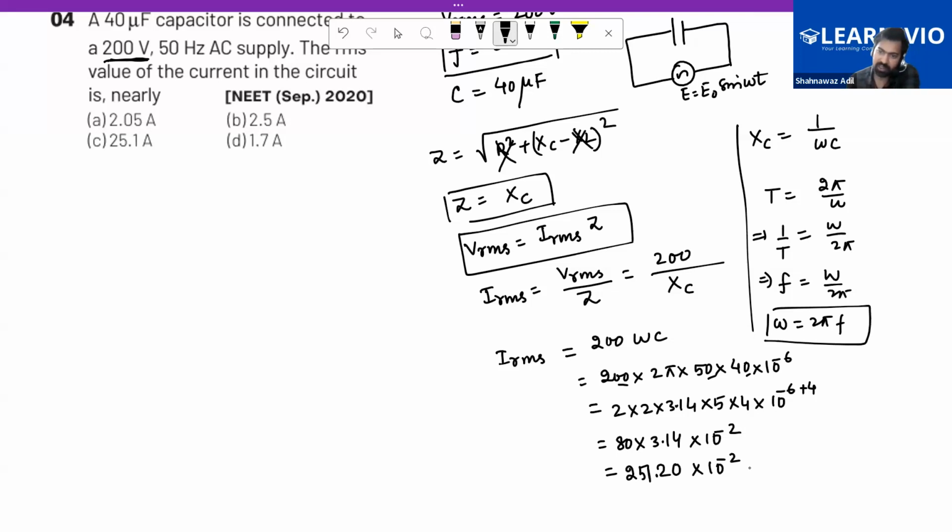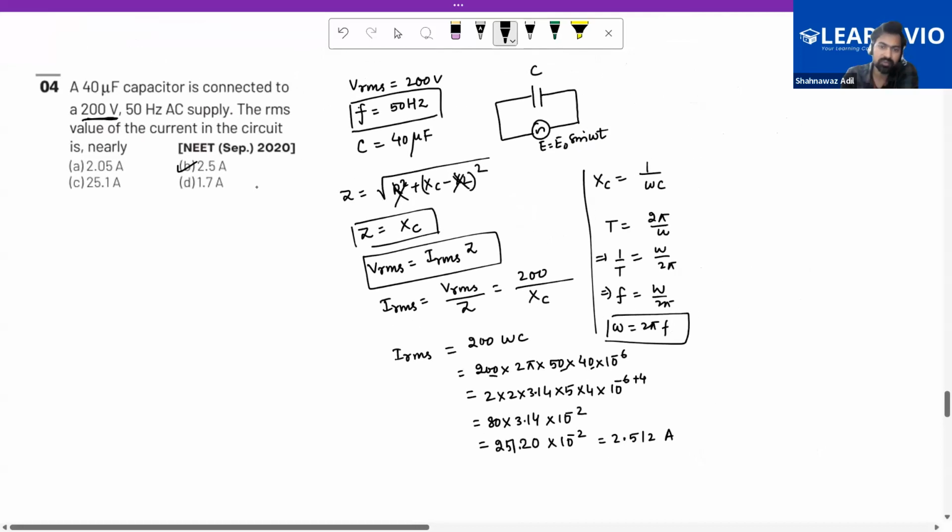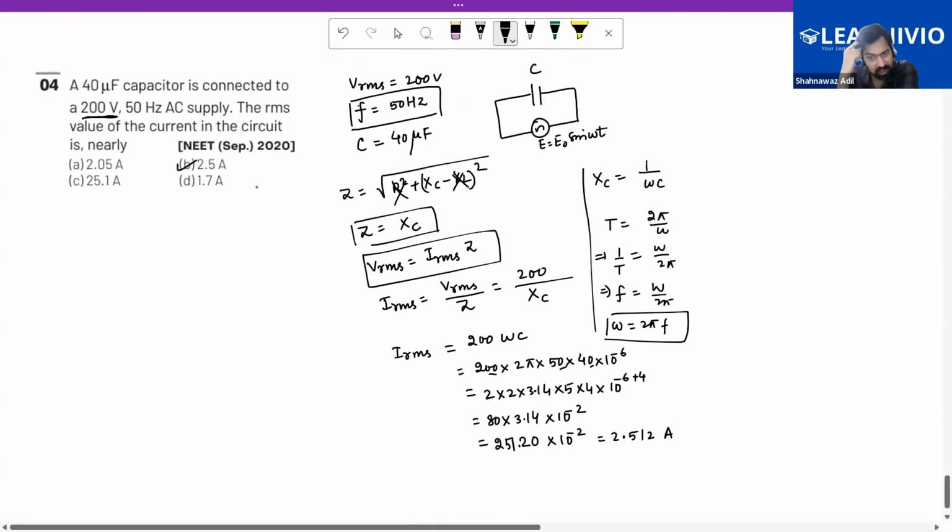And then this is two decimal places on this side. So this would be 2.512, and then this is ampere, right? So 2.5 ampere. This one would be the answer. Is it clear, guys? Is it clear? If it is clear, then please note it down.